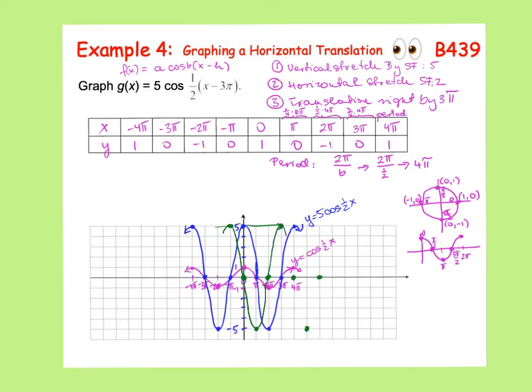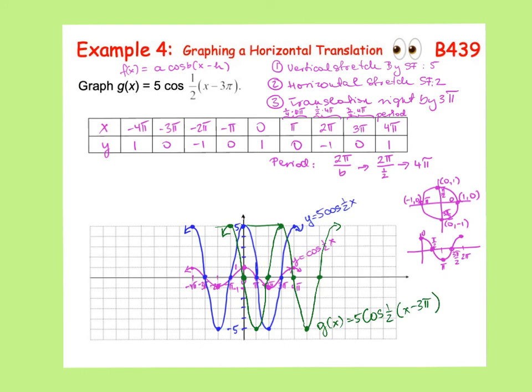So our green graph is actually our final graph. Our graph in green is going to be g of x equals 5 times cosine of 1/2 times x minus 3 pi.